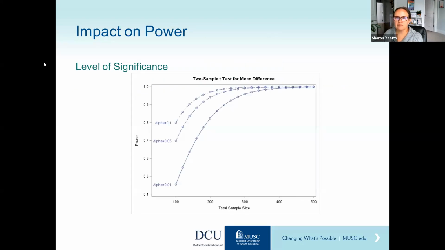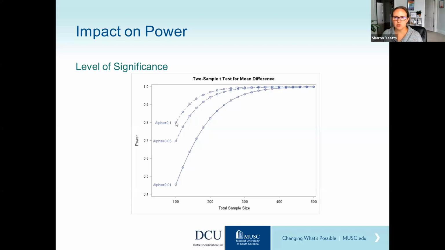So the impact of the level of significance on the power is shown in this graph. So we have the total sample size that one might consider going along the x-axis. And we have the power of the test along the y-axis. And if I hold all other parameters in my design constant, the alpha level impacts the power such that for larger alpha levels, a given sample size will give me greater power, right?